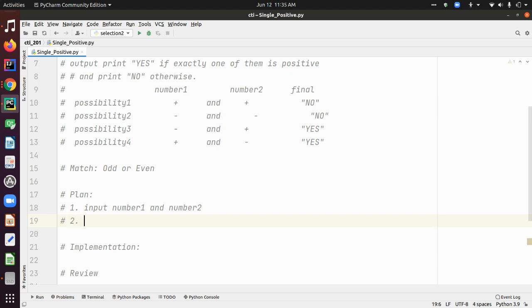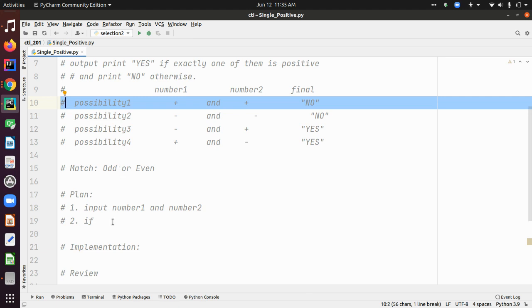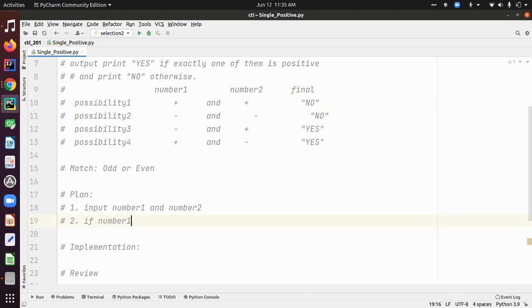Next, we can start writing our algorithm. So I would write, for the first line, if number 1 greater than 0 and number 2 greater than 0.